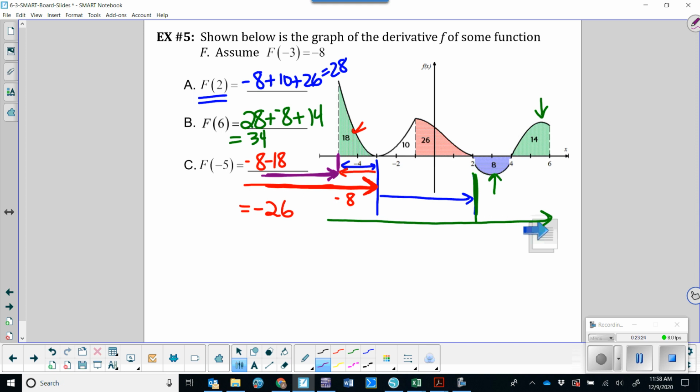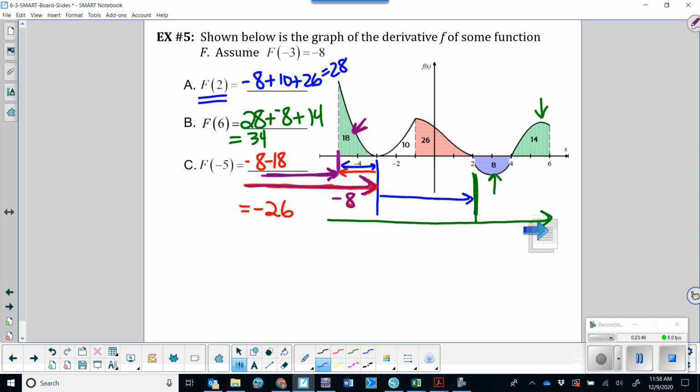So I've gone past it when I've added up a bunch of numbers. So I added in 18 to get -8 for this entire thing. So therefore I have to subtract 18 to get back to where I would be just at -5. Okay, so it'll make more sense the more we do things.